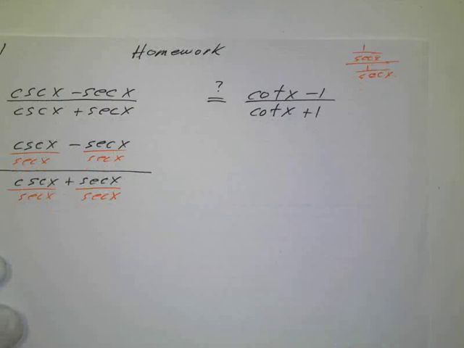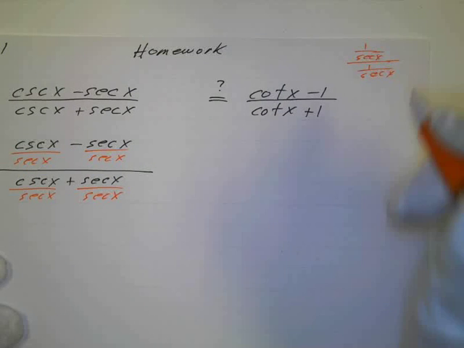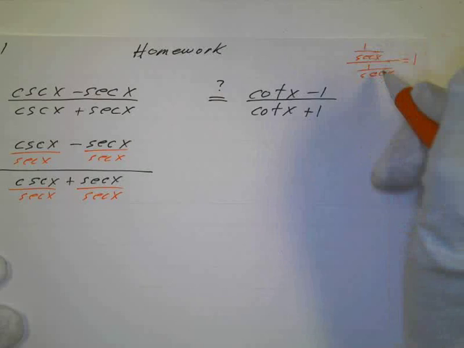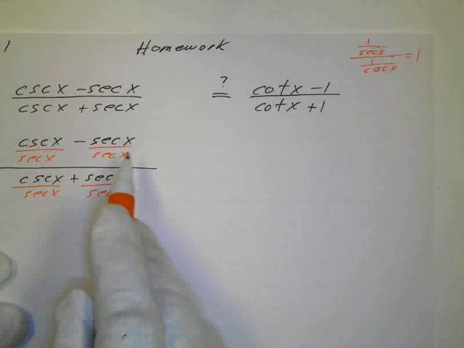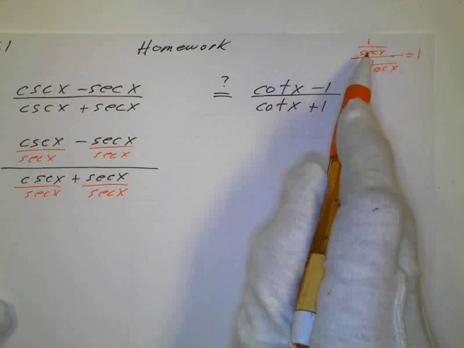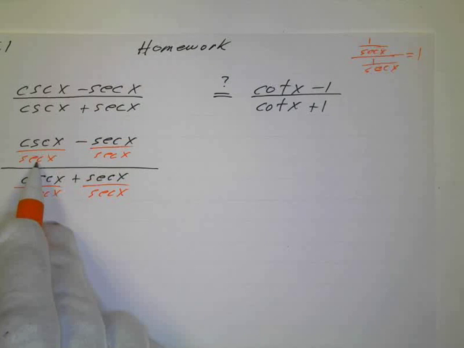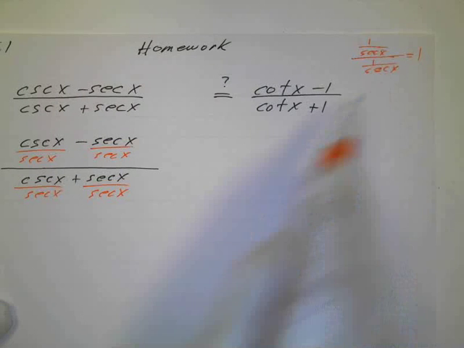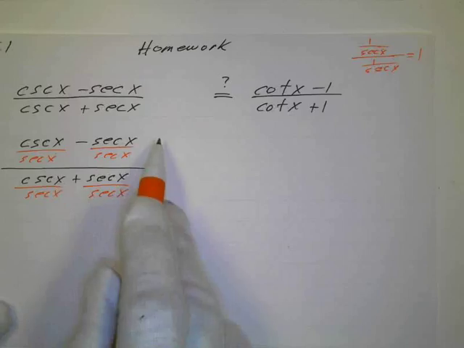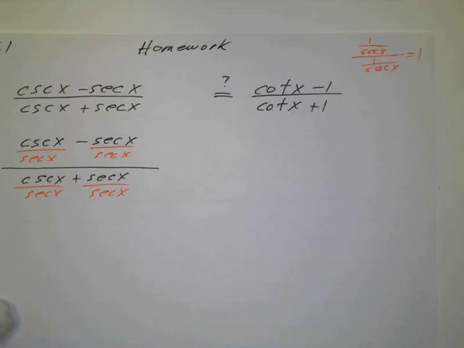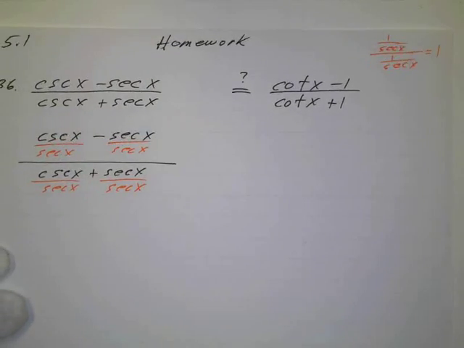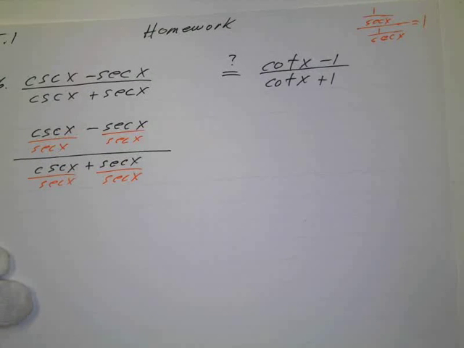So I'm multiplying the top and the bottom by this, and this is the same thing as 1, right? The numerator and the denominator are the same. If I multiply this by 1 over the secant of x, I have a secant of x in the bottom. Then I have to multiply the bottom also by that, because I'm multiplying by 1, or this over that. So it's all balanced out, and everything's legal algebraically.